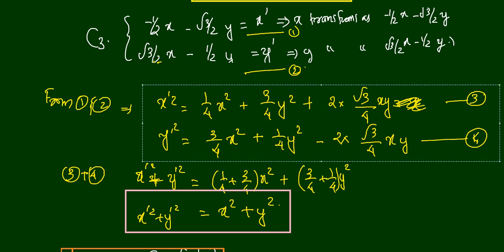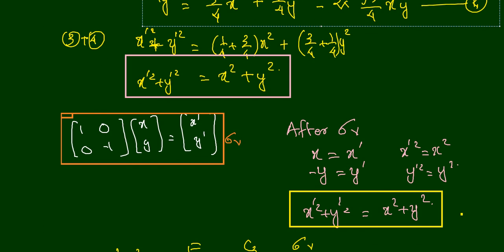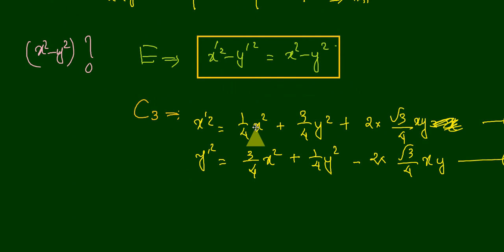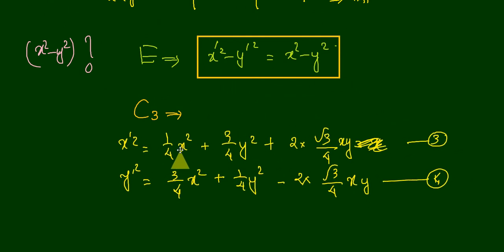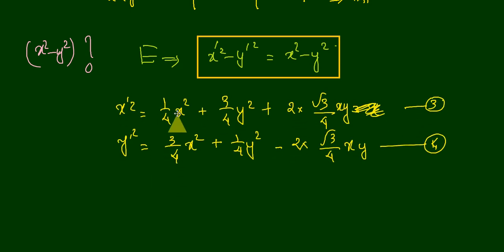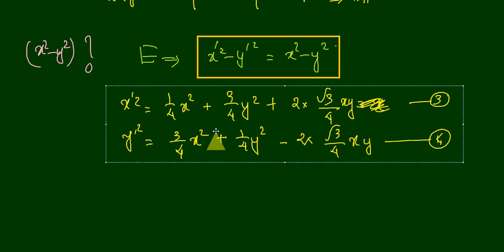So let me write it there. So this is happening during the C3, right? It's happening during the C3. I don't have enough space, so right now my space is limited. So this is happening during the C3 operation.